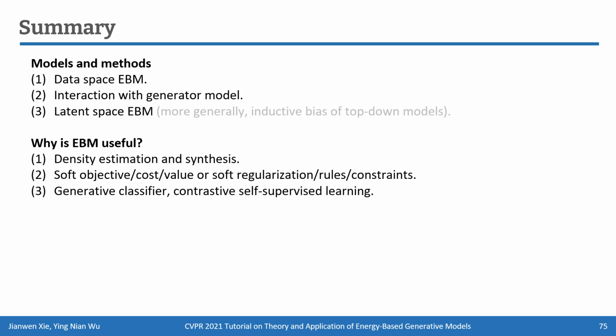So I think now we arrive at the conclusion of this tutorial. Just as a summary, in this tutorial, we present the following models and methods. First, we present the data space EBM, the energy-based model in the data space, say in the image space or in the video space. And also, we studied the interaction of the EBM with the generative model. For example, we studied cooperative learning and divergence triangle learning for the joint training of energy-based model and the generative model, where the generative model serves as an approximated sampler.